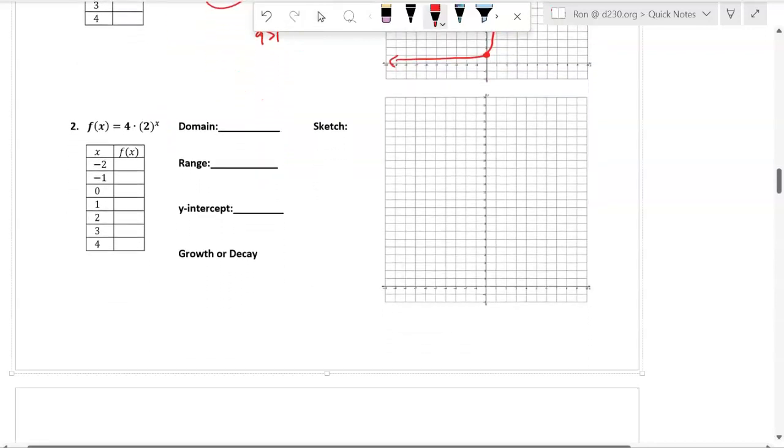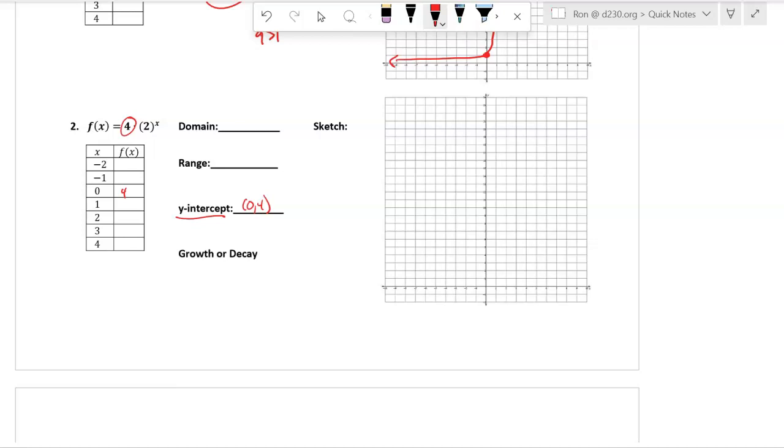Next one, right away, to find my y-intercept, I look at this a value of 4. So 0, 4. I know that right away. Now, my common ratio is 2. 2 is bigger than 1, so it's growth. And I also know that's my common ratio. So 4 times 2 is 8, times 2 is 16, times 2 is 32. And I'm going to go ahead and sketch a graph here.